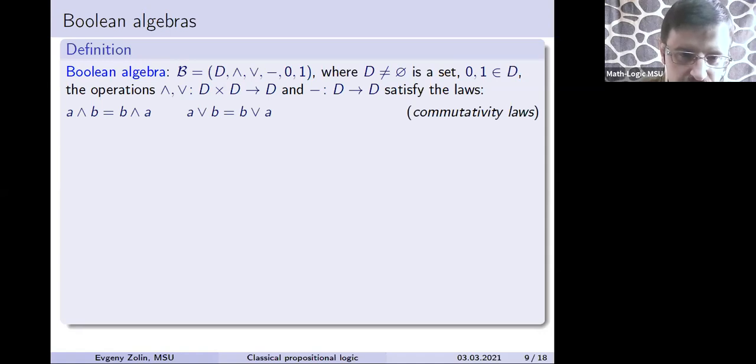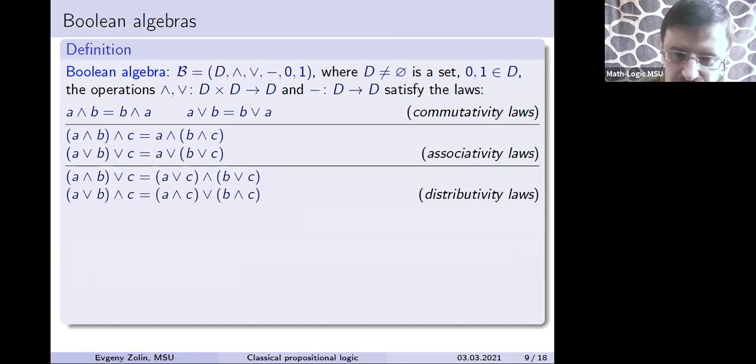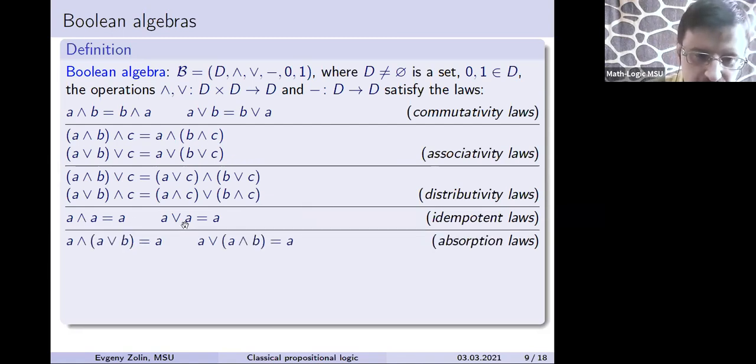Both conjunction and disjunction must be commutative, associative, and we have the distributivity law in both directions. So and is distributive over or, and or is distributive over and. So these two connectives are idempotent: A and A is A, A or A is A. We also have this absorption law.